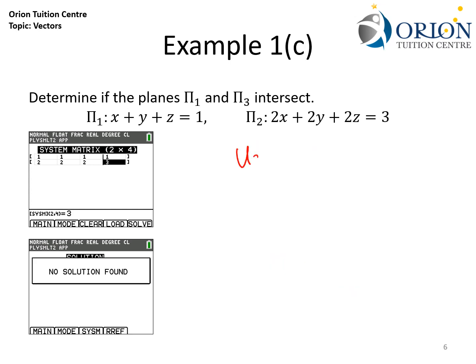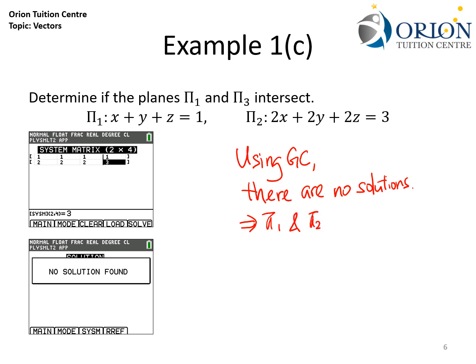Now, solving using GC again, we see that there are no solutions. And therefore, what this means is pi 1 and pi 2 are parallel and they are not the same plane.